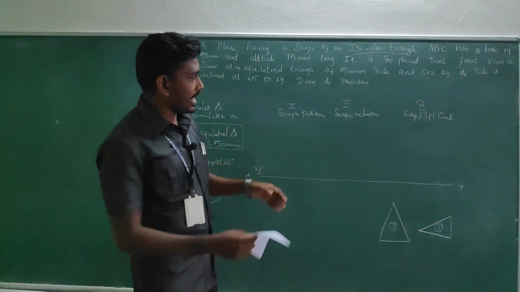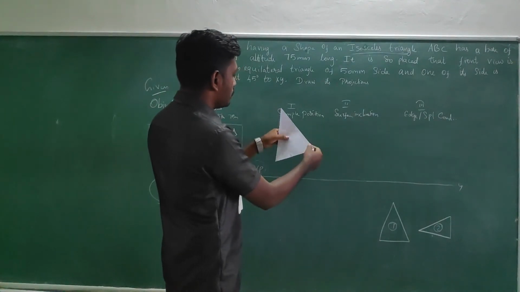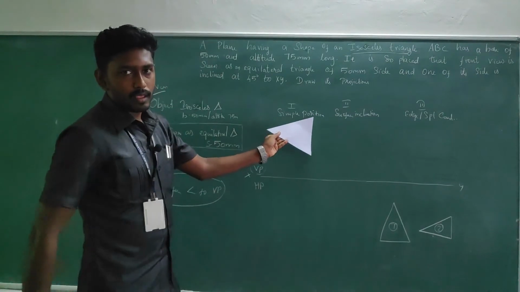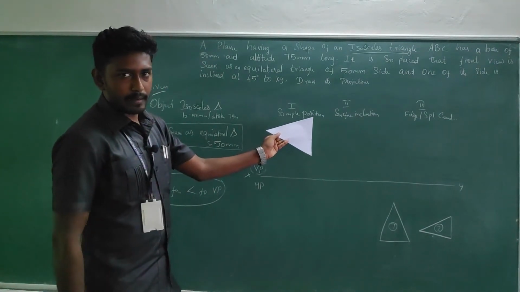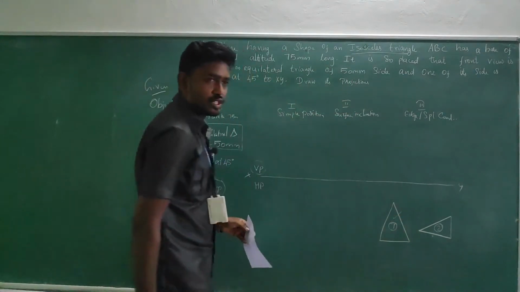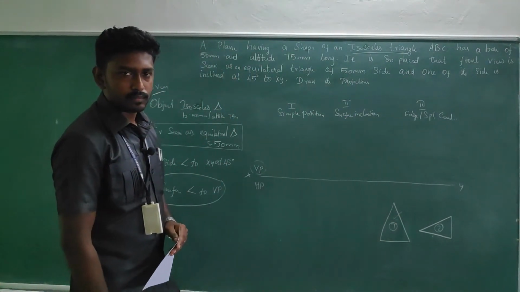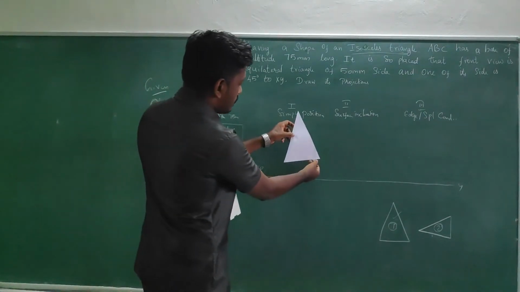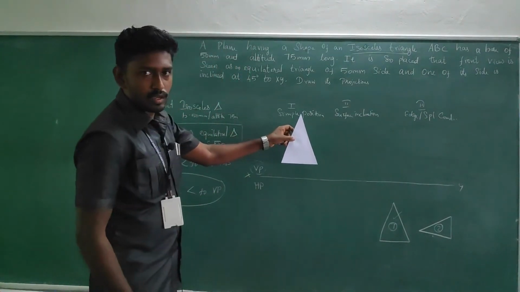See, when you are inclining the object, it must be an equilateral triangle. Think if you are going with the first position, I am going to position like this. If I tilt it, what happens?